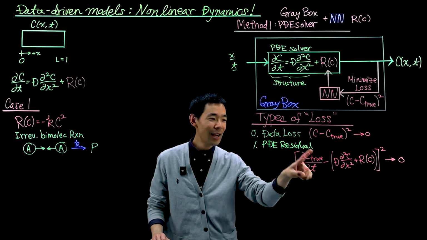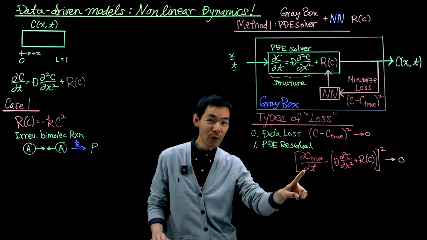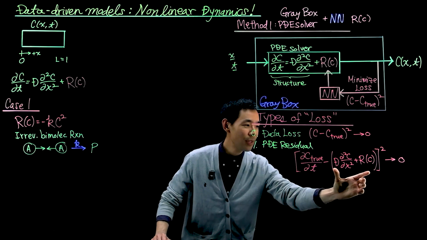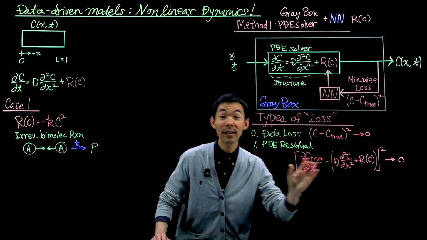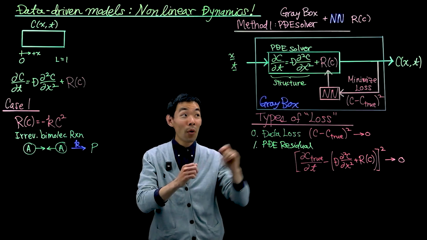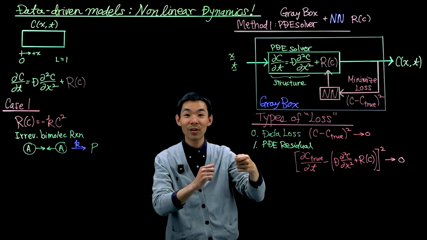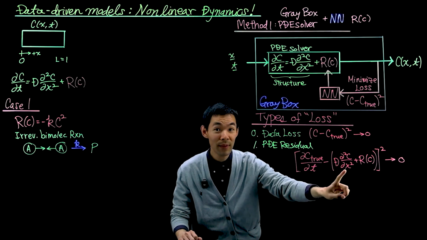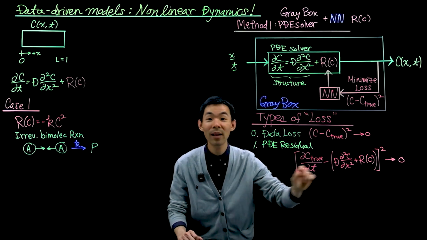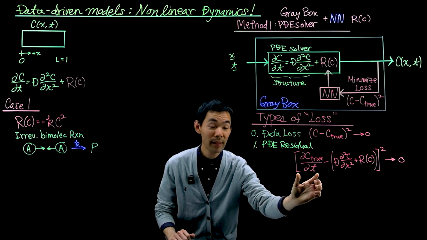You're going to take time derivatives of that just by taking finite differences of your true. But everything over here on the right-hand side is going to be your predicted concentration. So you're going to use your neural network output's solution to the PDE, that concentration. You're going to take spatial derivatives of that, and you're going to include your rate law predicted by the neural network. So this term is based on your true data set.